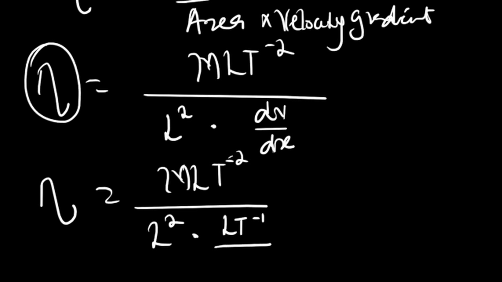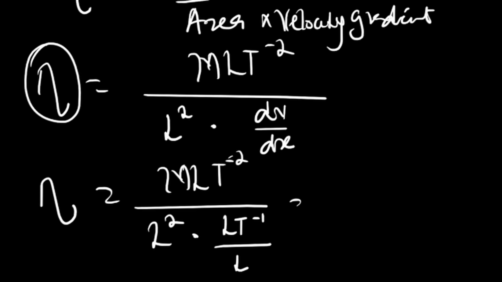Distance is measured in meters, and since distance is also length, the dimension is just L. So this now becomes LT^-1 over L.